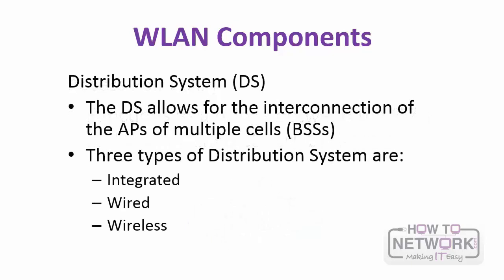The distribution system plays a key role in communications between the customer who's trying to get on the wireless network and the major wireless LAN components that are actually routing the traffic. The distribution system allows for the interconnection of the APs of multiple cells. Think of your organization.